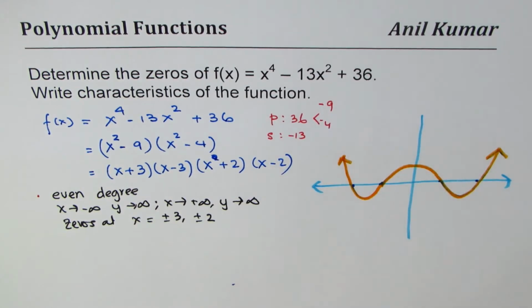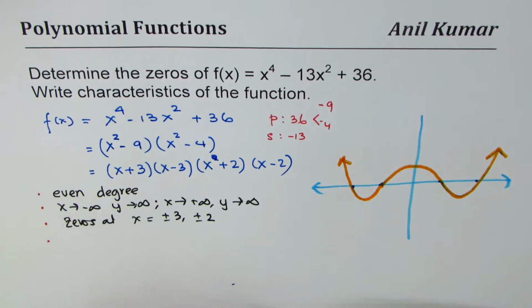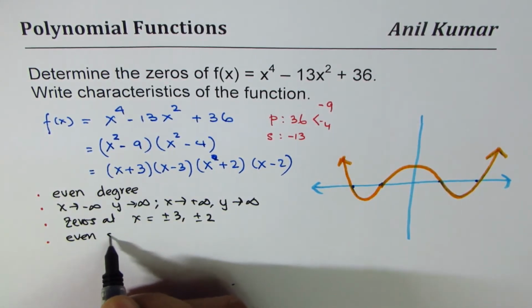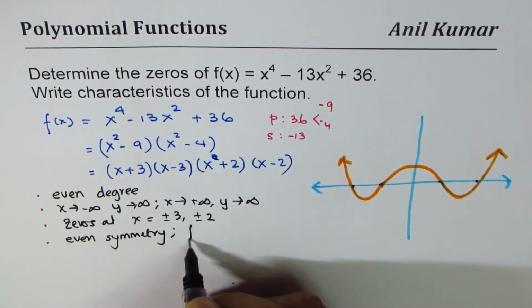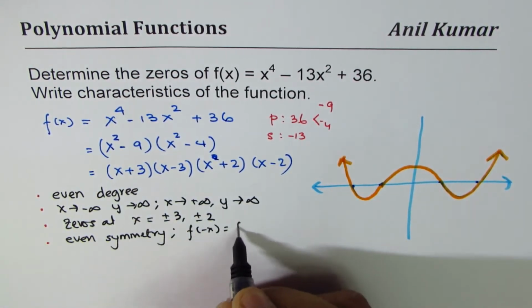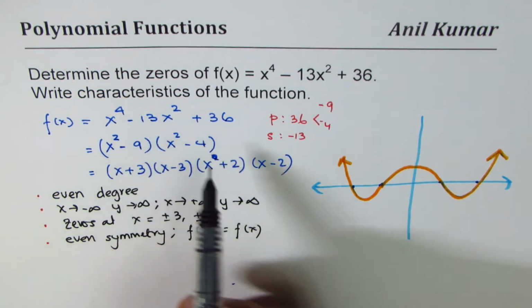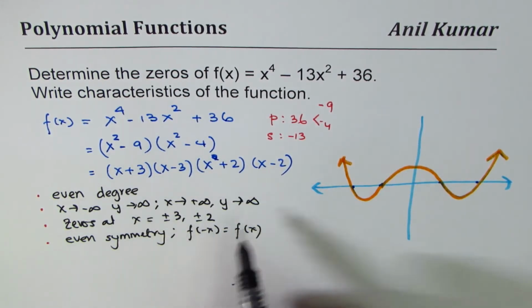So you will notice when you sketch this that the graph has even symmetry. So this function has even symmetry. You can check that f of minus x equals f of x, right? All terms are even, correct? That is another reason. So we can check from the graph all these things.